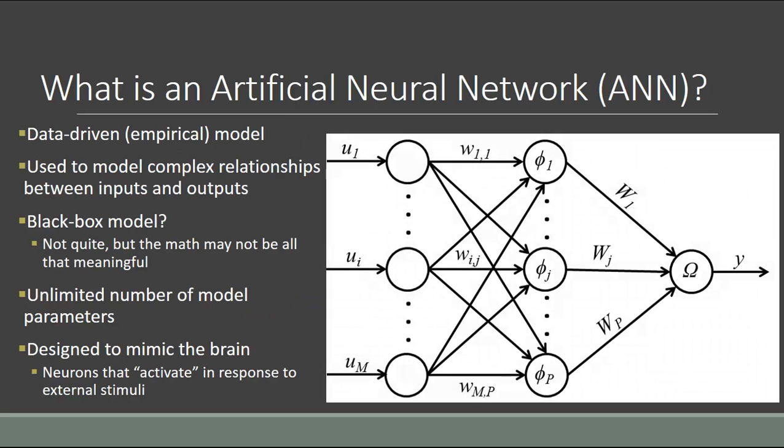A neural network is called this because it's designed to mimic the brain. So it's composed of neurons. These in the middle are known as neurons, and those in this hidden layer have a response where they activate given certain inputs or certain external stimuli.